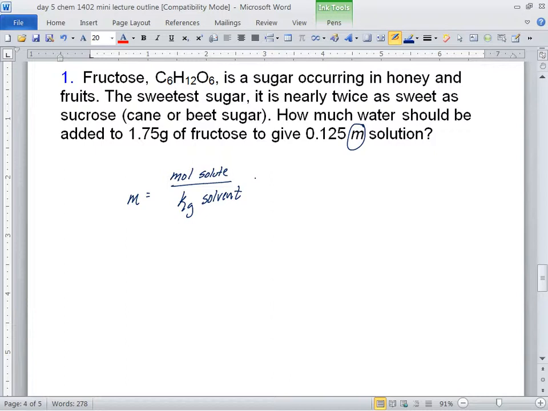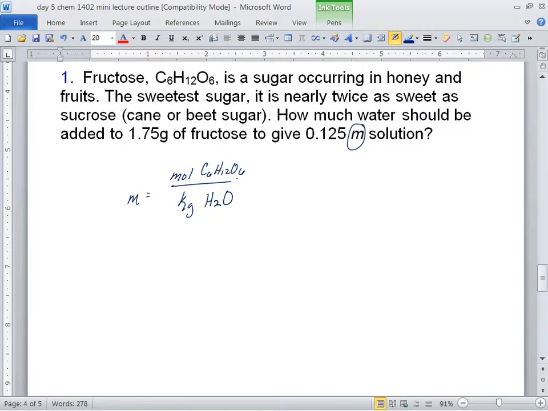And I think that might make your life a little bit easier. It might help you to see what to do. It'll definitely tell you what the units are of your answer.